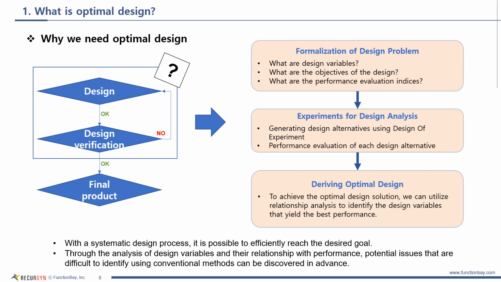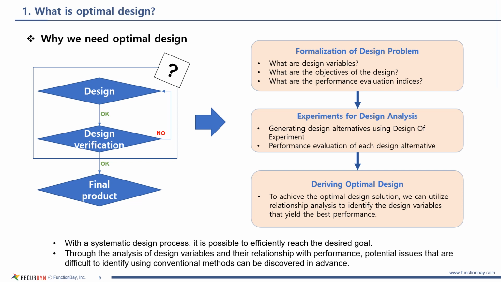Finally, by analyzing the results of the experiments, we identify the relationship between design variables and performance indices, ultimately deriving the optimal design variables. By following this process, we can find the optimal design more efficiently and also identify potential issues that were not anticipated in the early stages of the design.